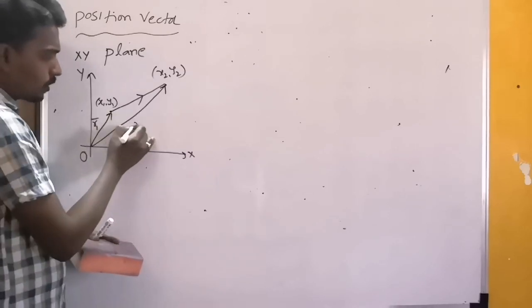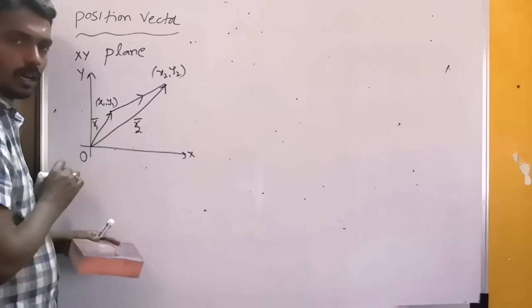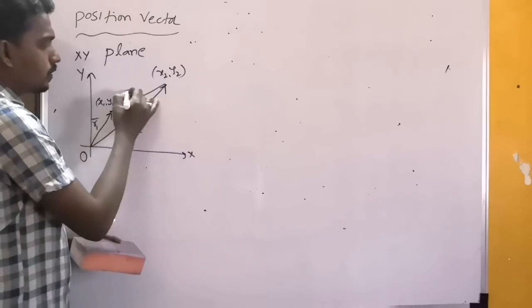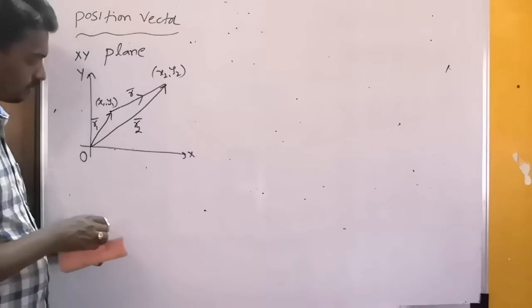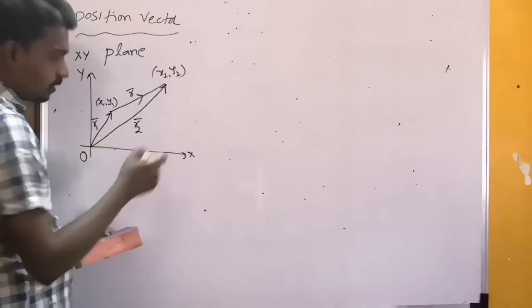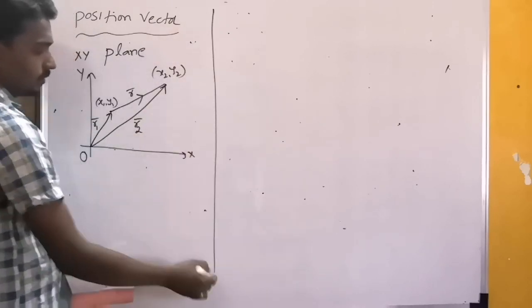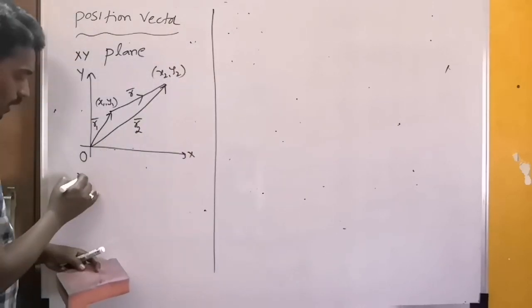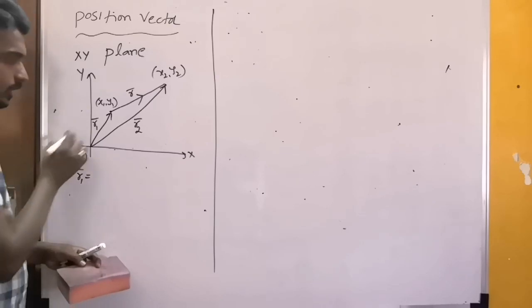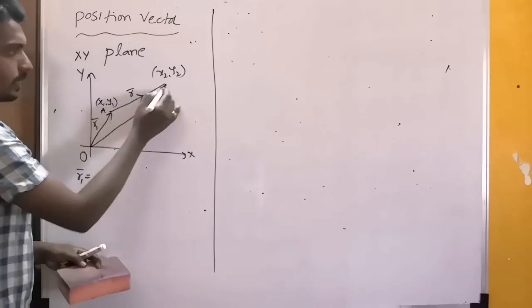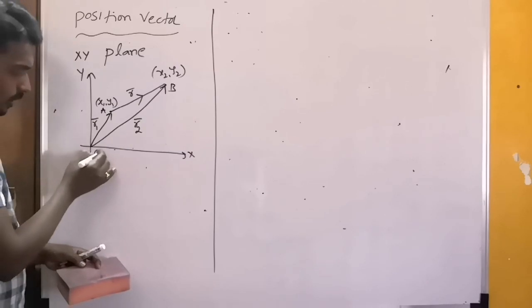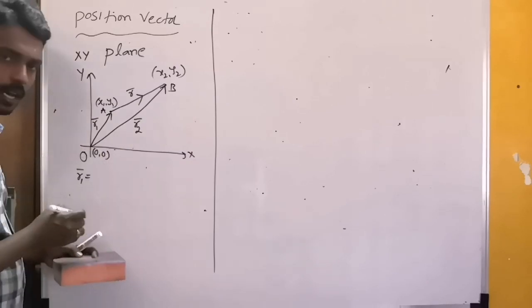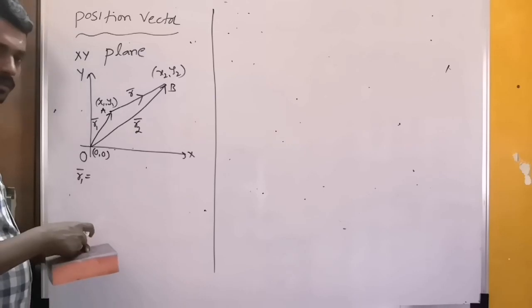This is the final position, let's call it R2 bar. And this is our displacement, R bar. Let's take this point as A, this point as B. This is O, the origin, with coordinates 0, 0.